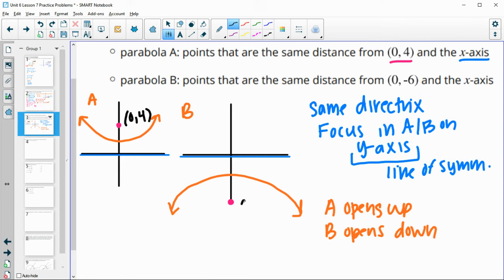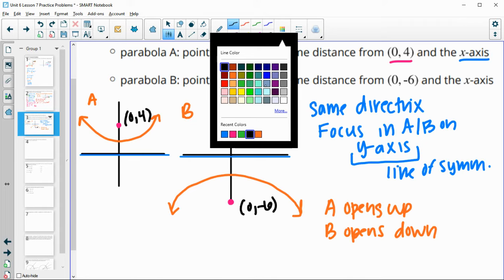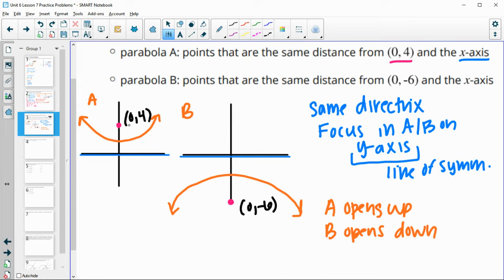And this one is 0, -6. So this one is 6 units from the directrix. So in A, since the focus is closer to the directrix, this one is narrower. So this curve is narrower and B's curve is wider. So those are just a few things.